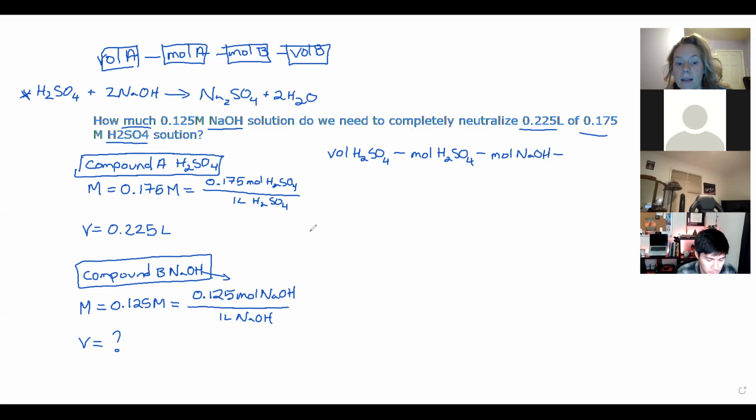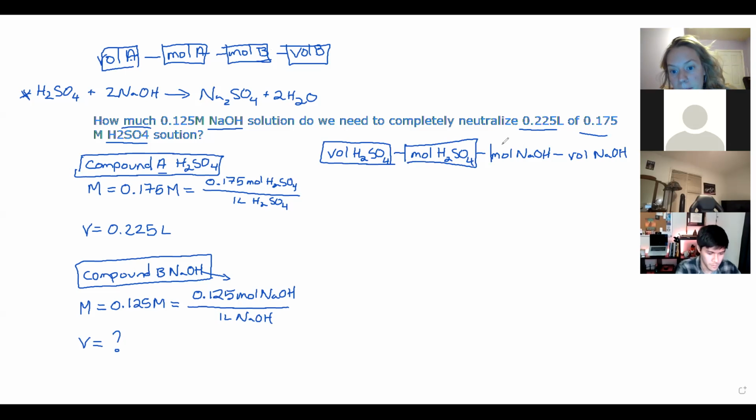And then finally, I can go into volume of NaOH. Remember that H2SO4 is acting as our A compound, NaOH is acting as our B compound. I don't want to say dumb it down, but really simplify, or really expand each step here so you can see exactly what is happening.